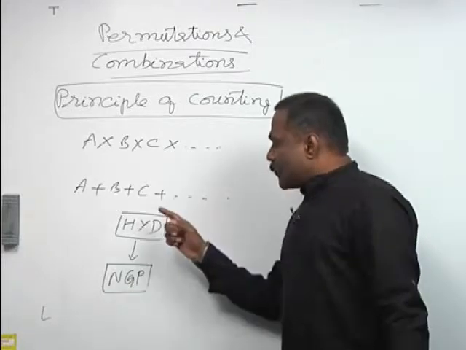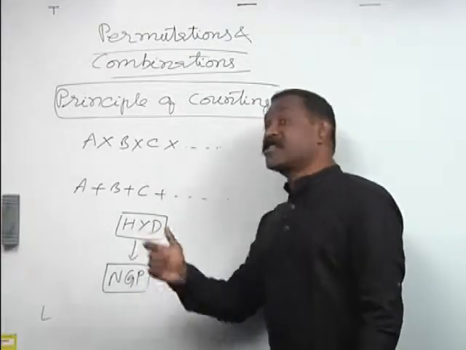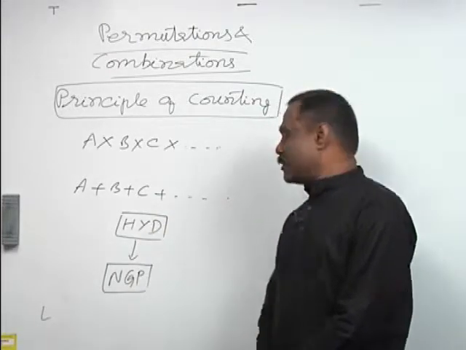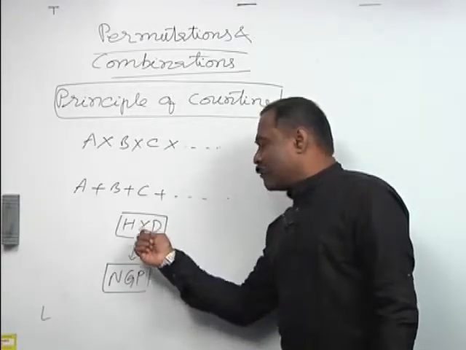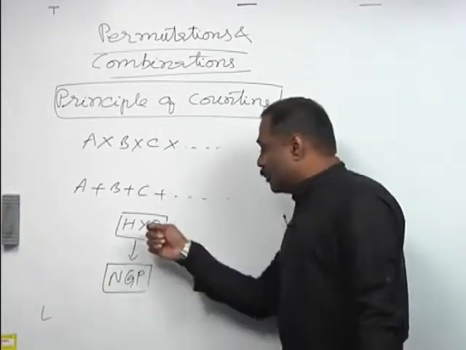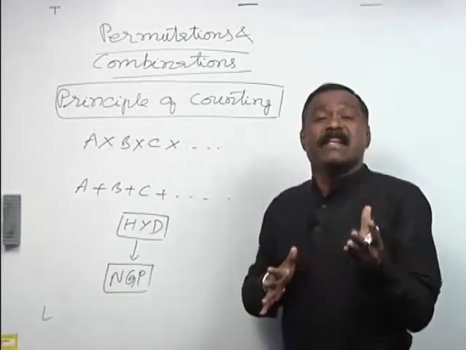So in the first place, how many stations can be printed? That is, from Hyderabad to Nagpur, the ticket is given. In the first place, you can print any one of these 18 stations.